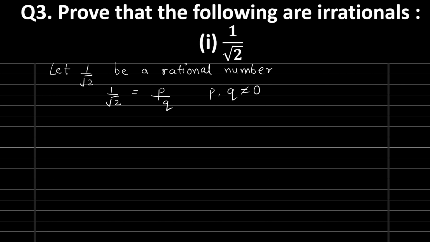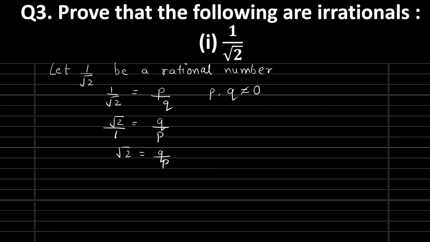Now, why is it so? Because over here we will take the reciprocal. When we take the reciprocal, it will become q upon p, and on the left hand side you will get root 2 upon 1, which can be written as root 2 is equal to q upon p.